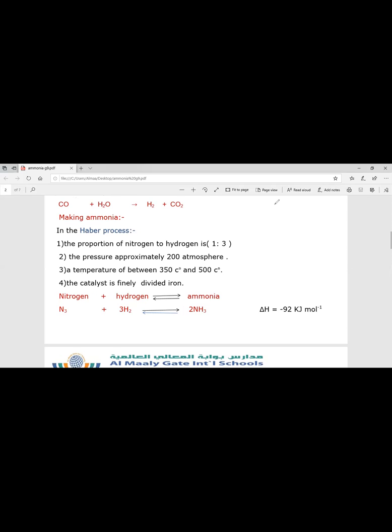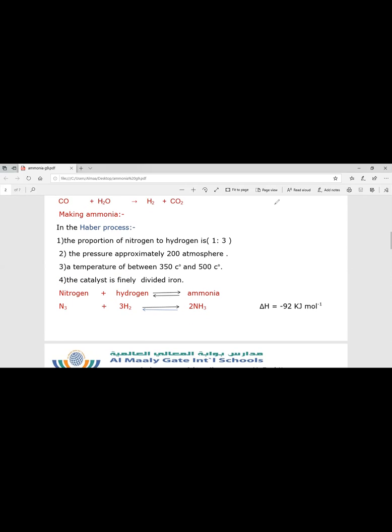What is the meaning of delta H? Delta H being negative means this reaction is an exothermic reaction, it produces heat.